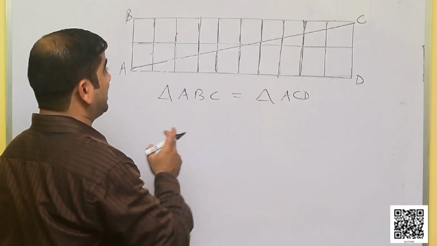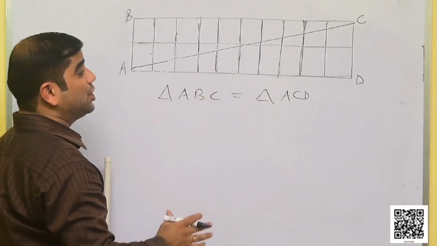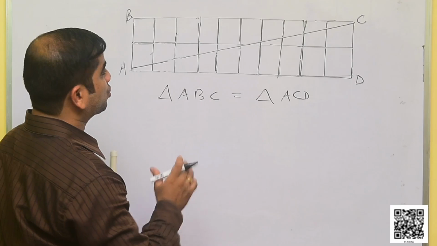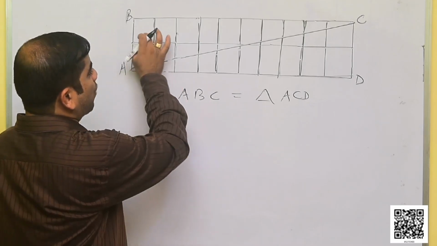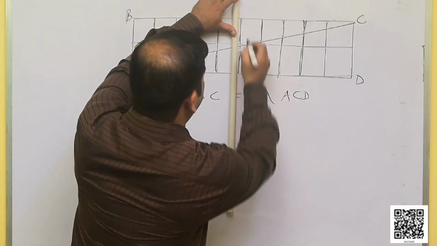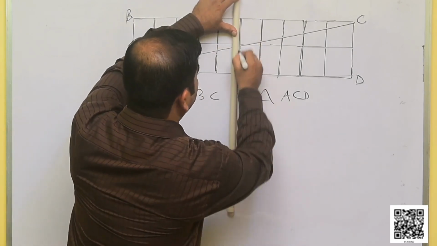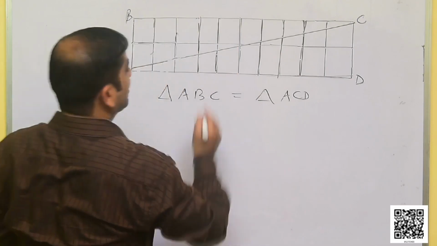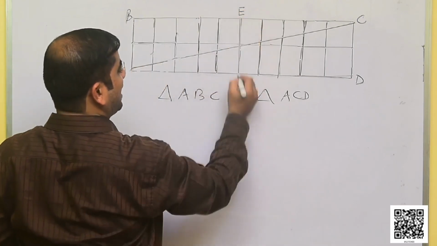So as you can see, this rectangle has 20 squares. So if I go to the midpoint, 1, 2, 3, 4, 5, and draw a straight line over here, now let the line be EF.